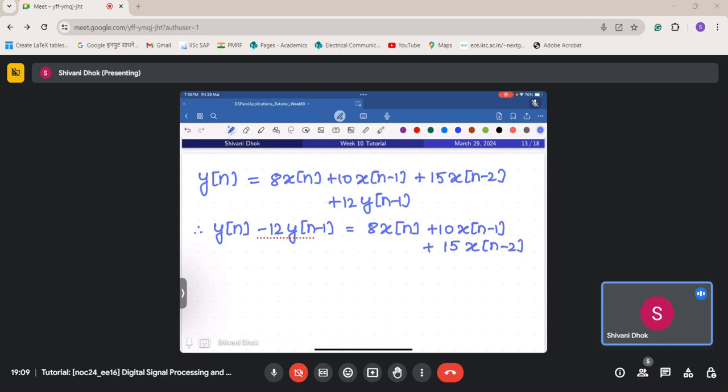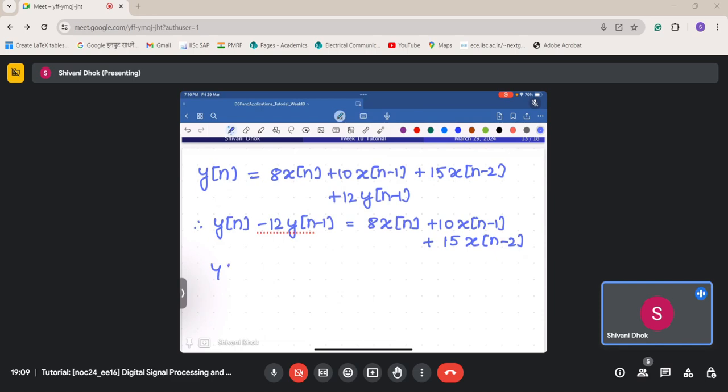Now I'll just take the z transform. So we have Y of z minus 12 times z inverse into Y of z, which is equal to 8 times X of z plus 10 into z inverse into X of z plus 15 z to the power minus 2 into X of z.